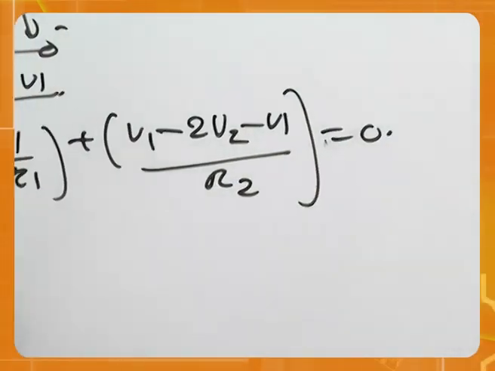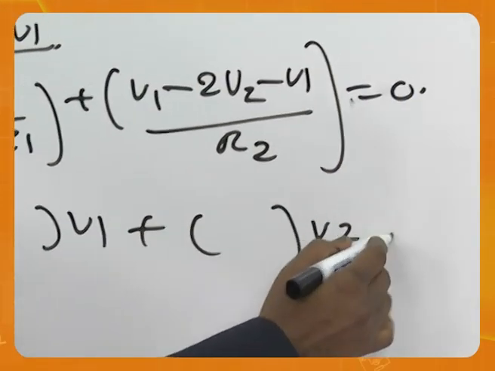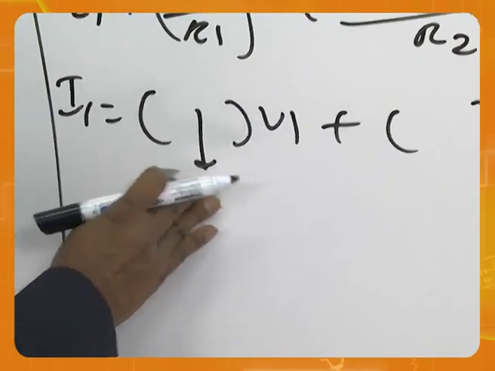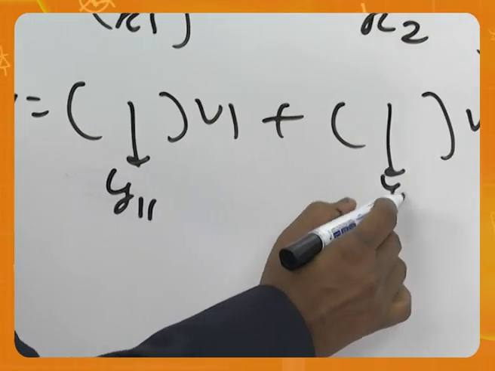So you can convert it as something into V1, something into V2. Whatever you have here is called admittance: Y11, Y22.